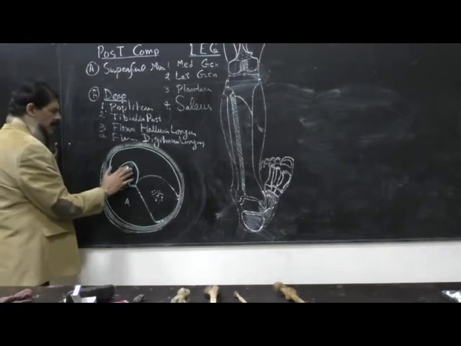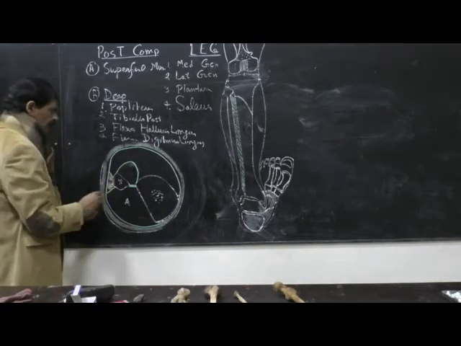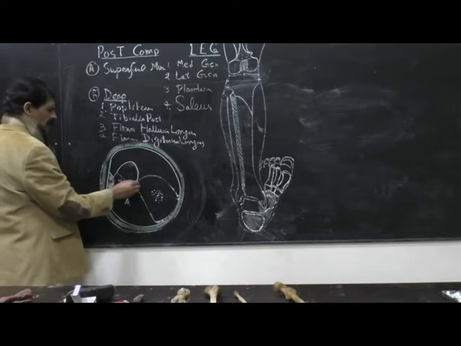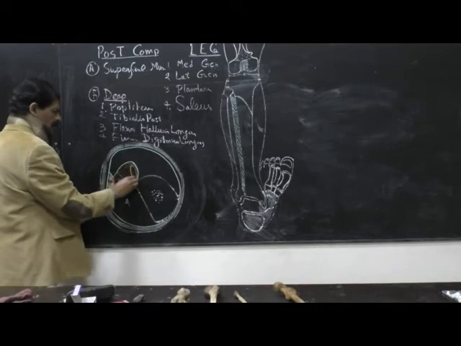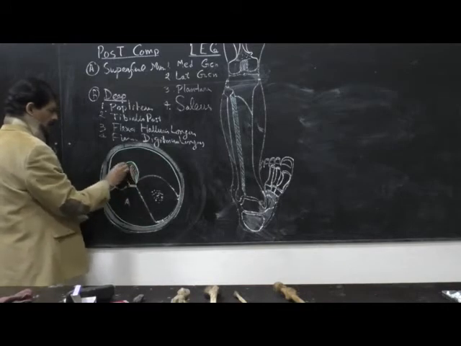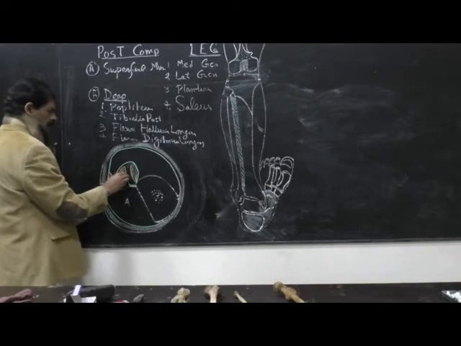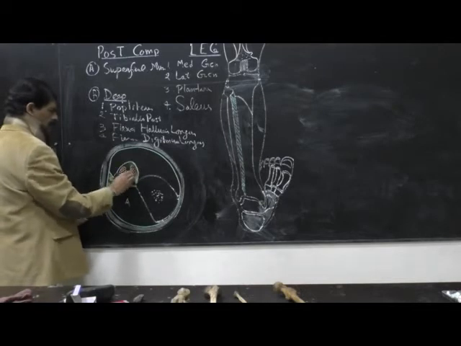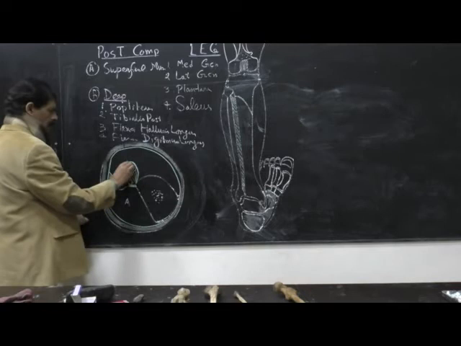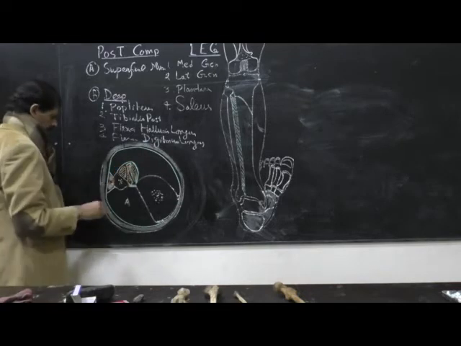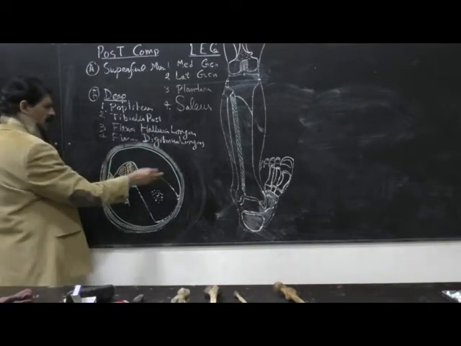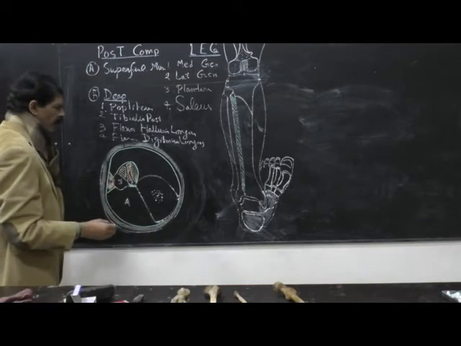The deep compartment has the four muscles, and the superficial compartment also has the four muscles.